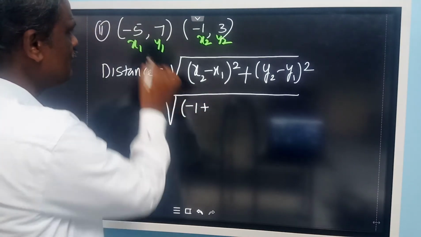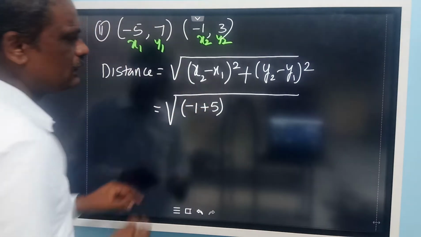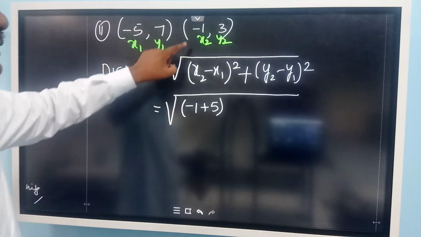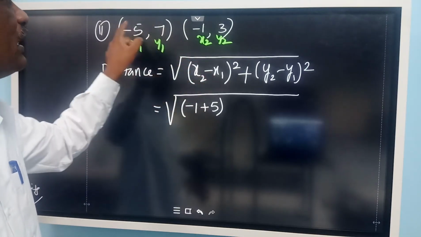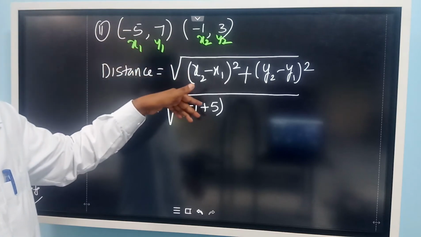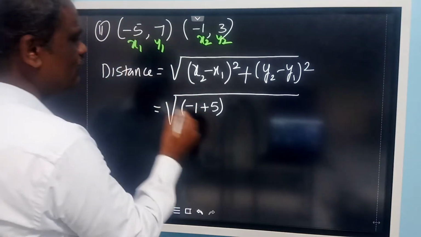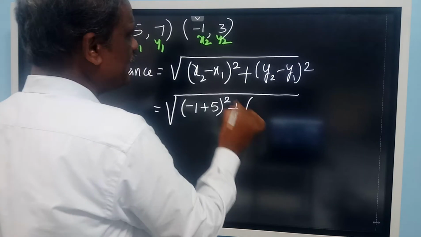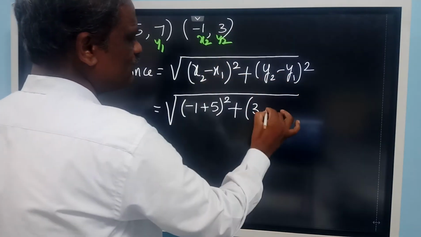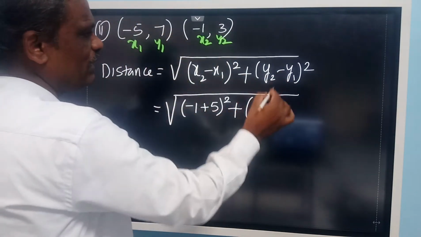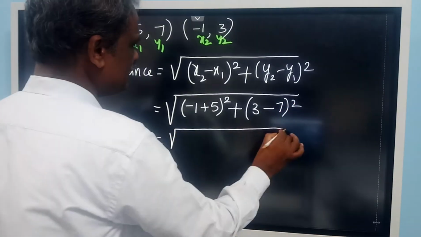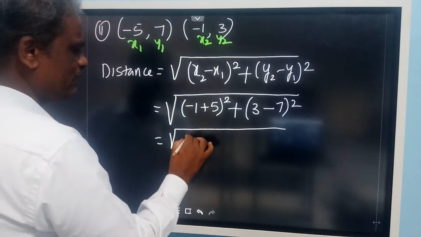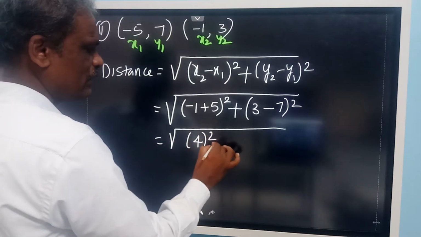I can write directly plus 5. Be careful here, x2 you are writing minus and this minus you can write, but here one more minus is there, therefore it becomes plus 5 whole square. Then y2 here 3, this minus I write and the 7, y1 is 7 whole square. Now you simplify this: minus 1 plus 5 is plus 4 whole square.